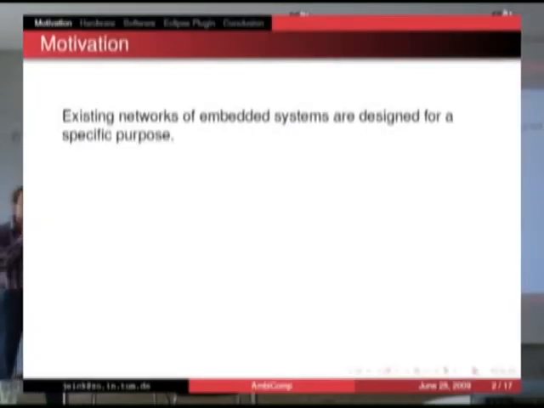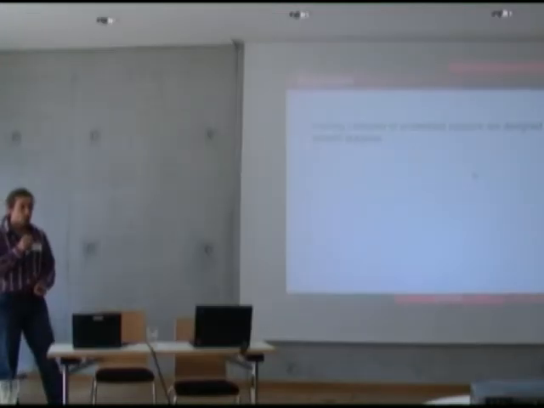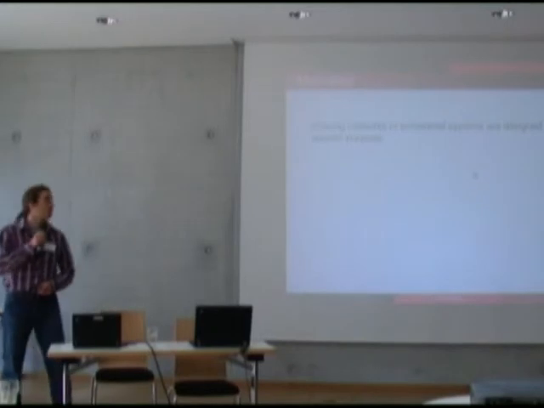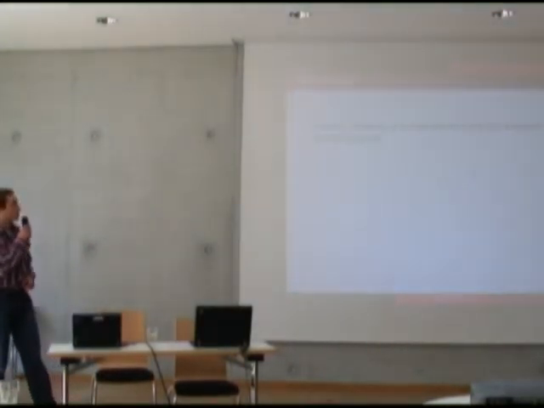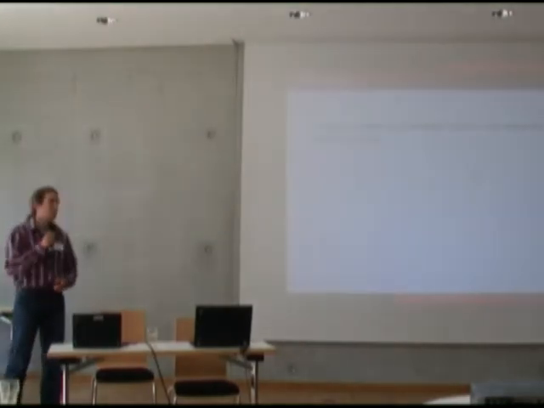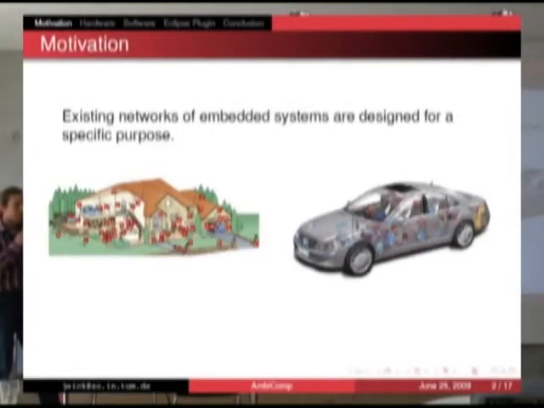Okay, let's start with a little motivation. We all know about existing networks of embedded systems. And I think all these systems are designed for a very specific purpose. I will give you 2 examples. You may be already familiar with them. They appear very often during such talks. The one is the automated home.